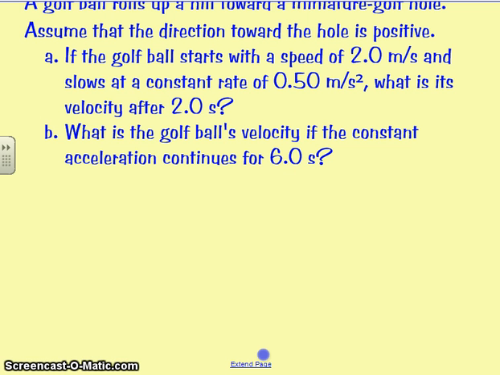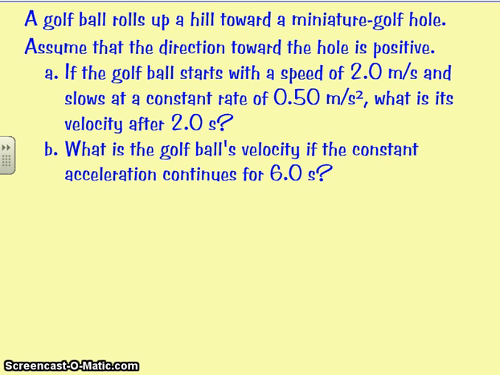We're going to use the GUESS method we learned in class, which means that I start off writing out what I know. So I know that the initial velocity is 2 meters per second, and that's a positive 2 meters per second because it is moving toward the hole, and it tells us toward the hole is positive.